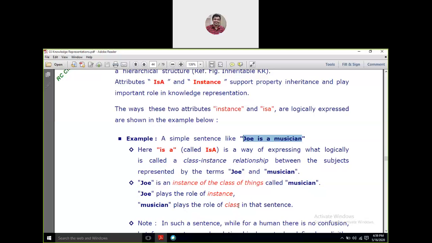That means if we are taking the example of Joe is a musician, then we are calling Joe an instance of the class of things we call musician, right? So Joe plays the role of an instance and musician plays the role of a class. We have already discussed what is instance and what is class during our sessions on frames and semantic nets, right? And then this has been pictorially shown out here.